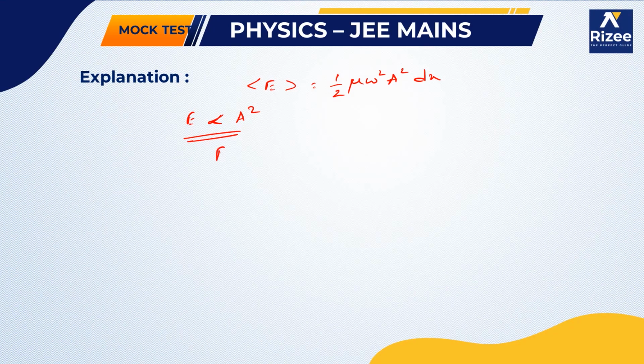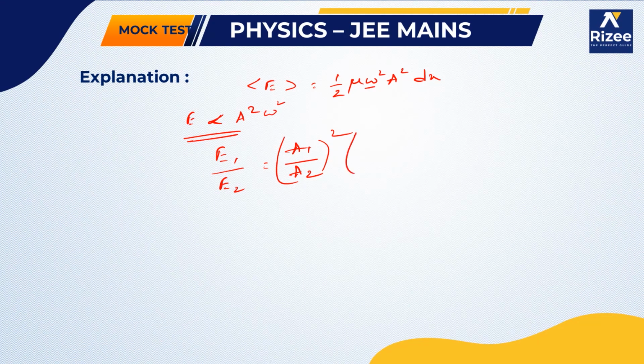So E1 by E2 can be written as A1 by A2 whole square. Moreover, I'm forgetting this one, the energy is also proportional to omega square, so we can go for omega 1 by omega 2 whole square.